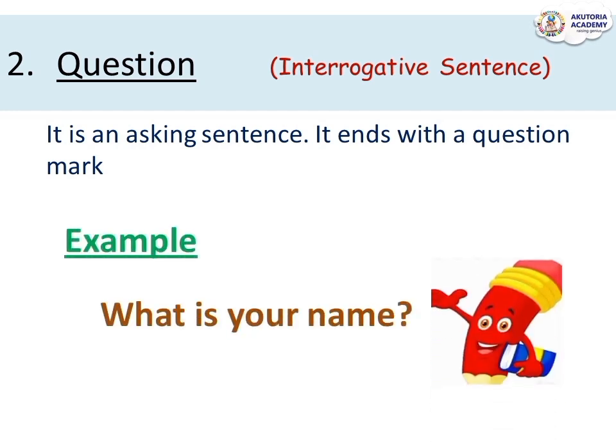What is your name? This is a question. Why? Because it is asking someone something. A question is an asking sentence, and like I said, a question ends with a question mark. Every time you ask or write a question, you end it with a question mark.